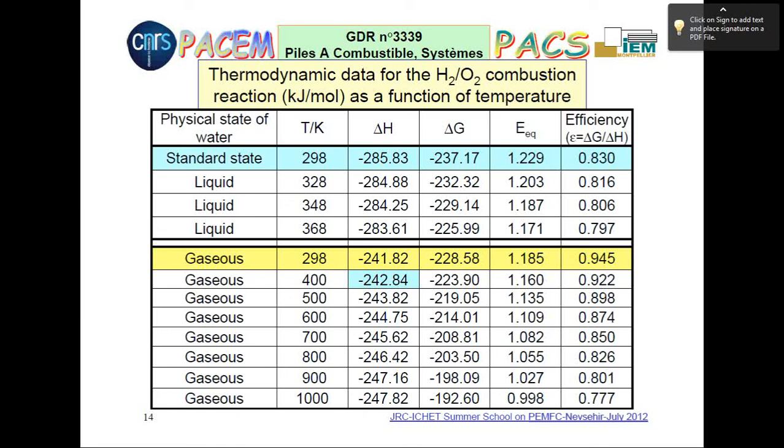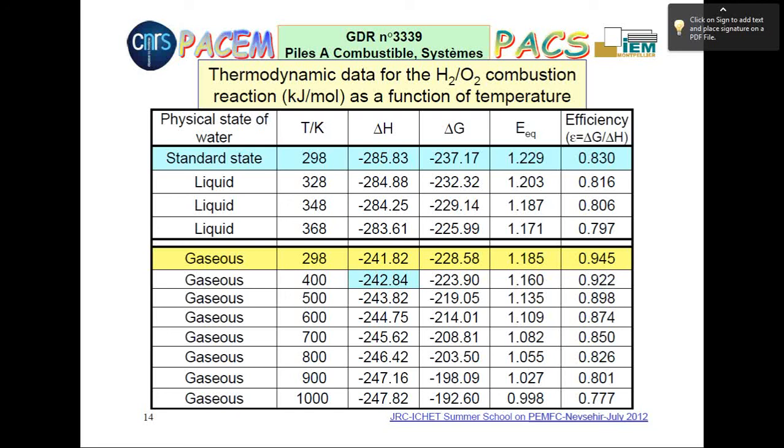But it is just a point of comparison to see that there is a large difference at room temperature, 25 degrees, between the liquid state and the gaseous state in terms of enthalpy change and Gibbs energy change. The Gibbs energy change has a small change, but for enthalpy, you have large change due to the heat of condensation of water.